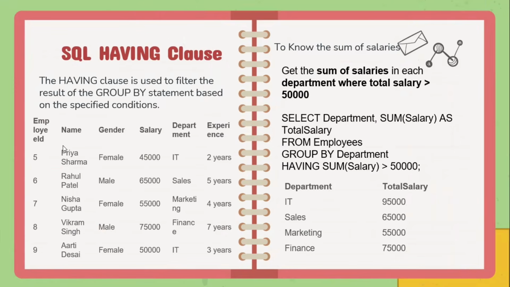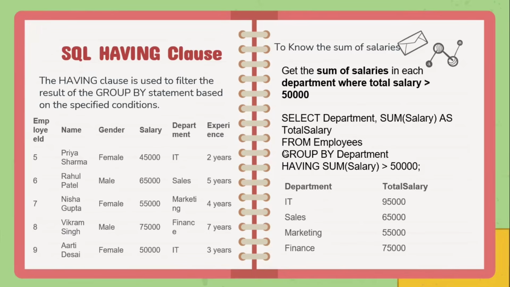So here you can see that the table is here, and suppose we want to know the sum of the salaries, then we can write this query: select department comma sum of salary as total salary from employees, and we are grouping them by department. Okay, then after that, suppose I want only that sum of salaries which are greater than 50,000.